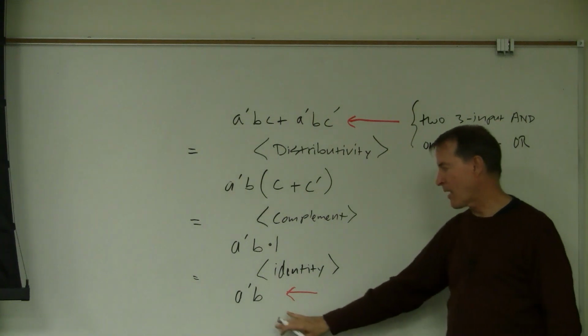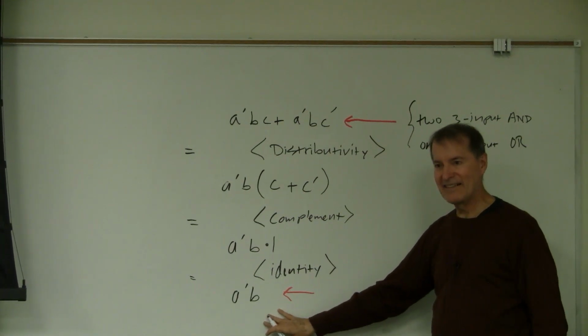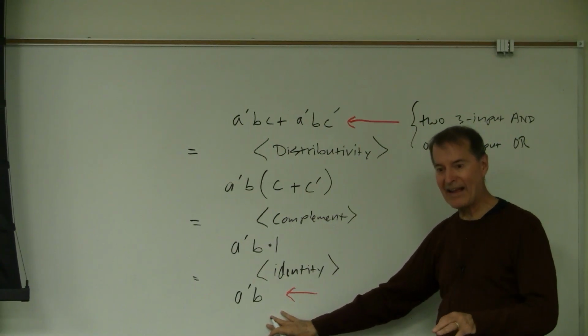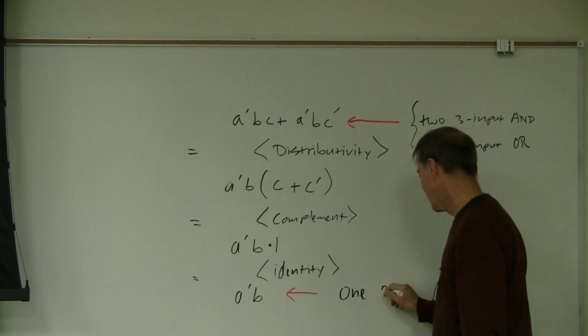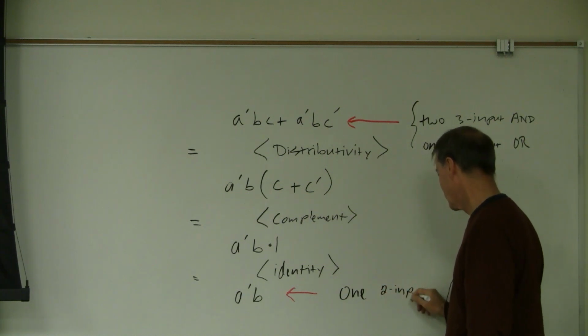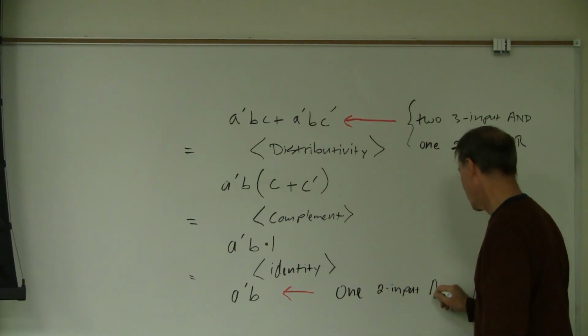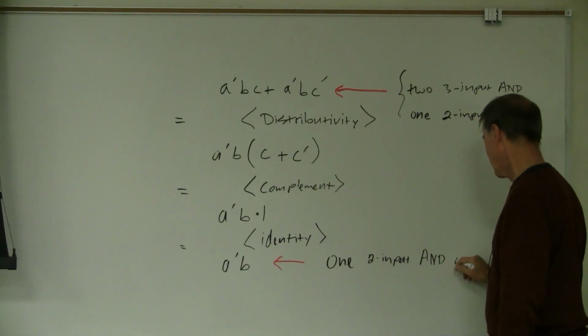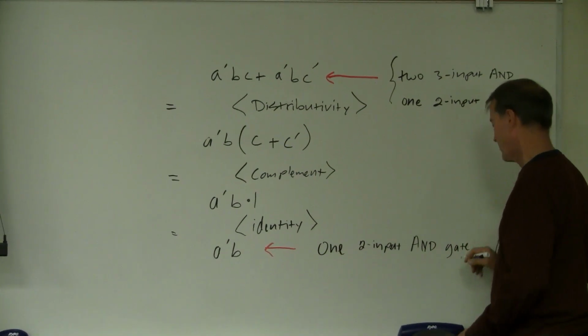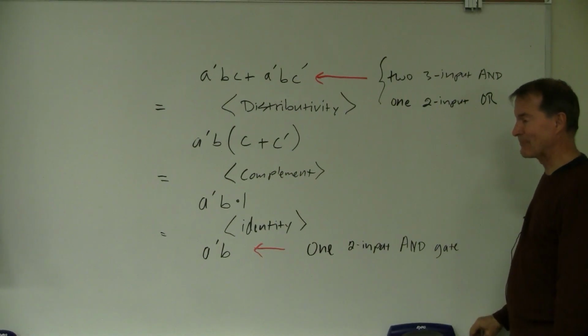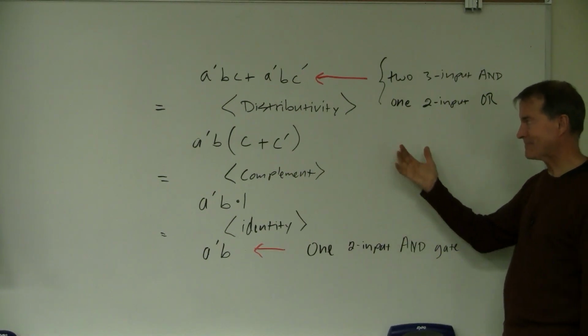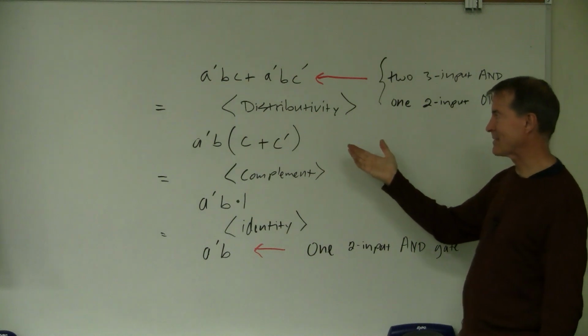All right? But now what is this? That's one AND gate, with how many inputs? Two input. And it does the same thing. Actually, in this particular example it works out simply, but that won't always happen.